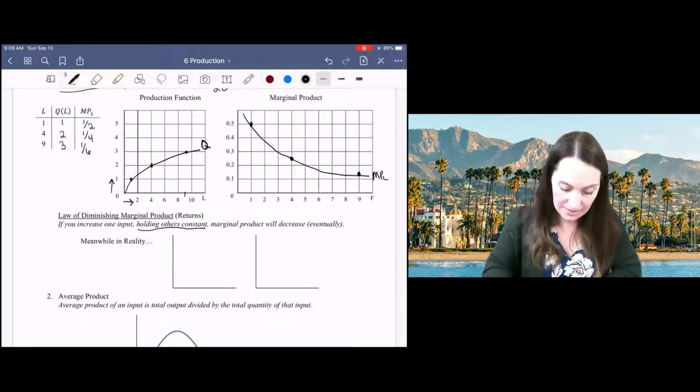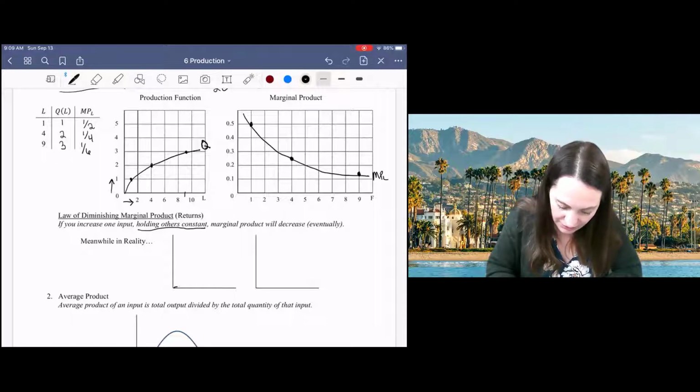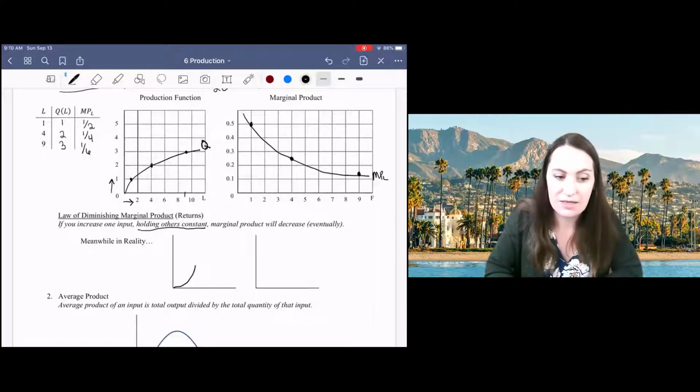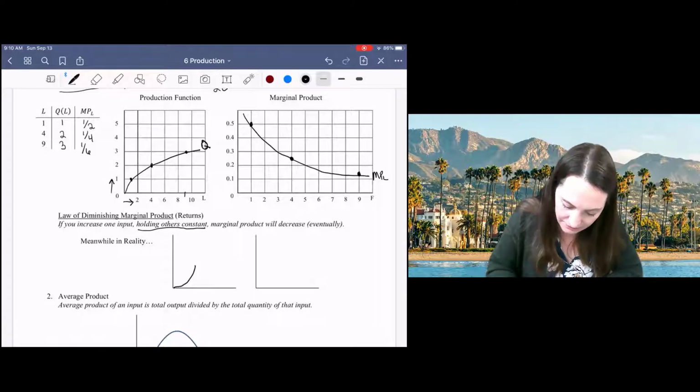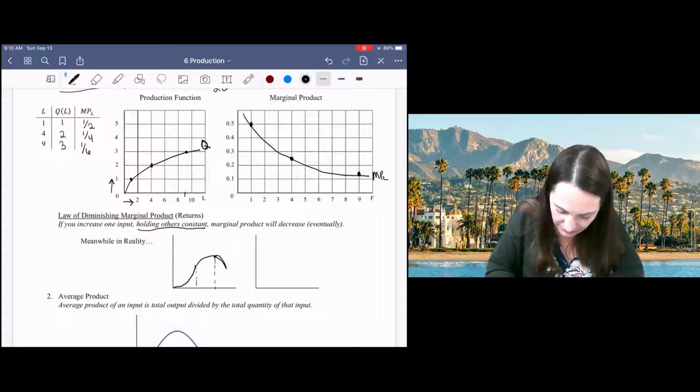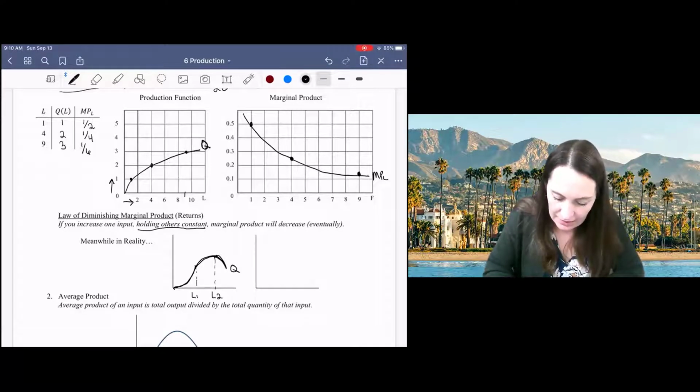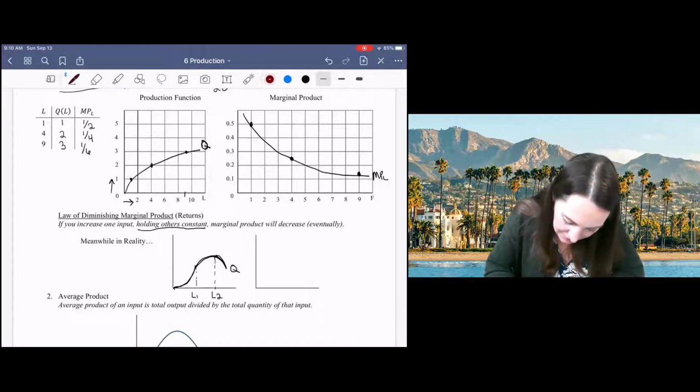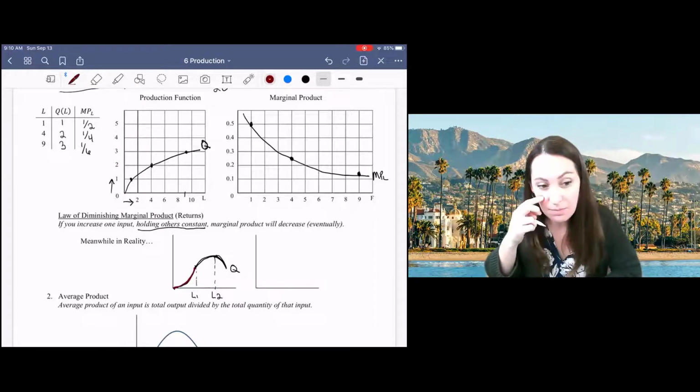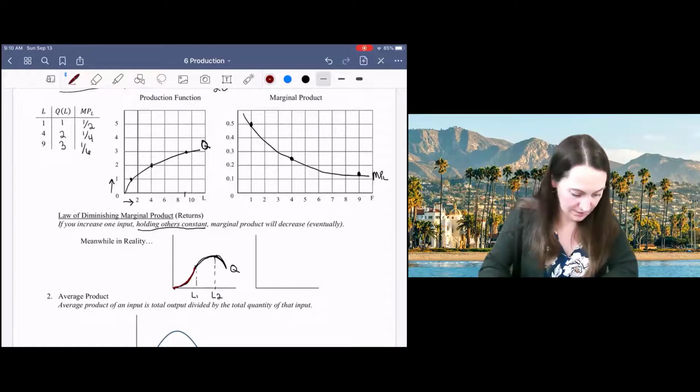In reality, you might have at first a production function where you have increasing marginal product, then decreasing marginal product, and then even negative marginal product. So in reality, it's possible that our production function could look something like this. And you'll notice here I said this is increasing marginal product because you can see the slope of the production function is getting steeper as I produce more.